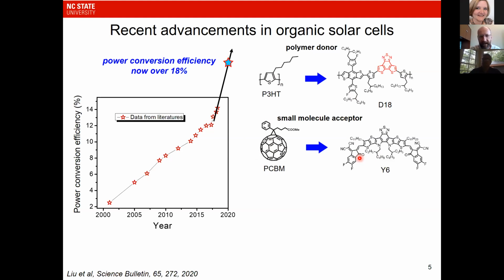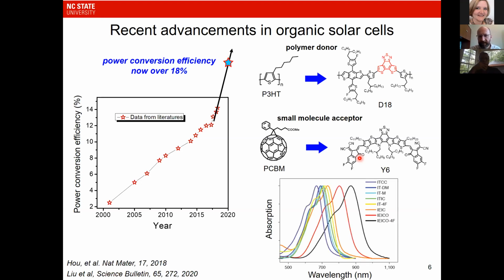One of the things that this synthetic freedom gives you is the ability to tune the material properties of the solar cell. For example, you have this small molecule here, and slight variations can vary, let's say, the absorption characteristics of the molecule.